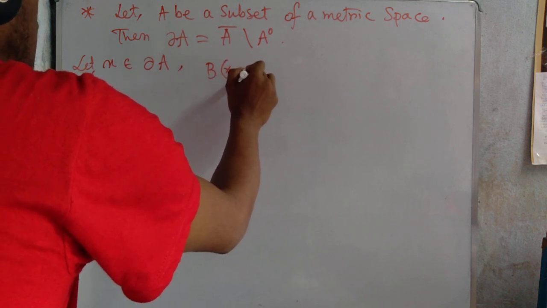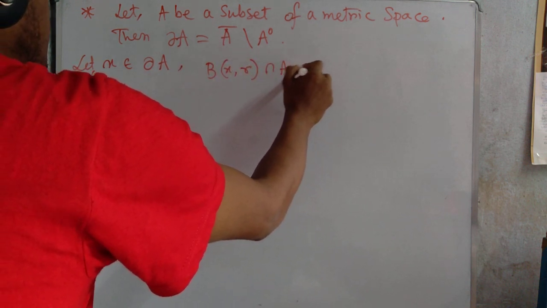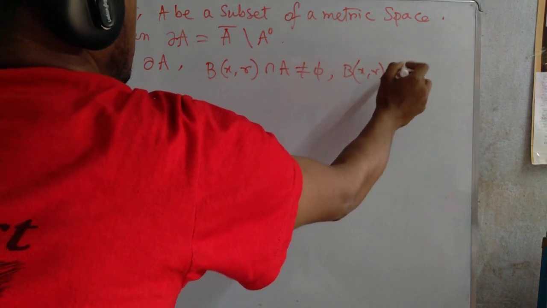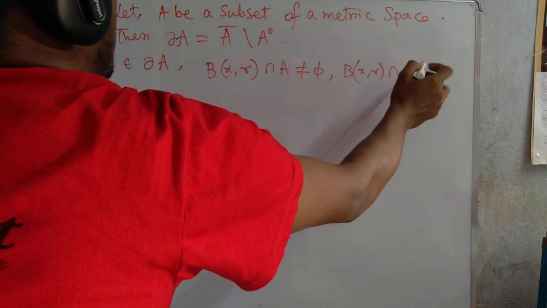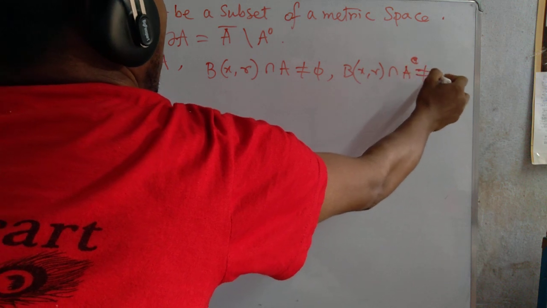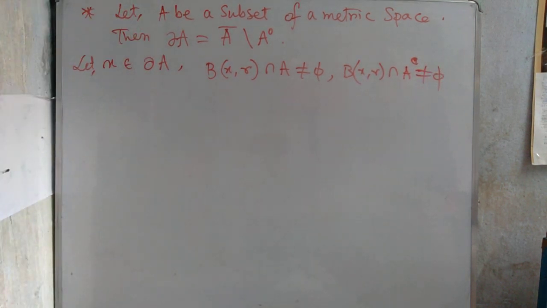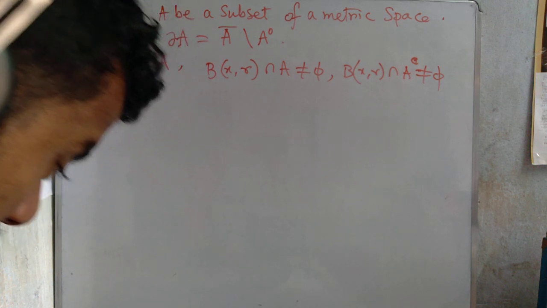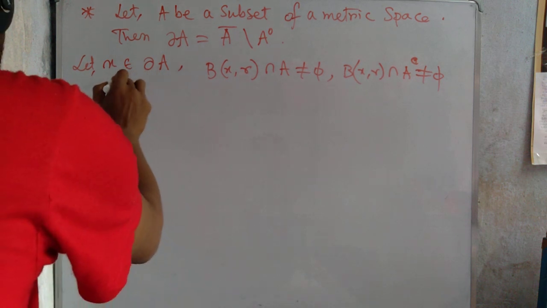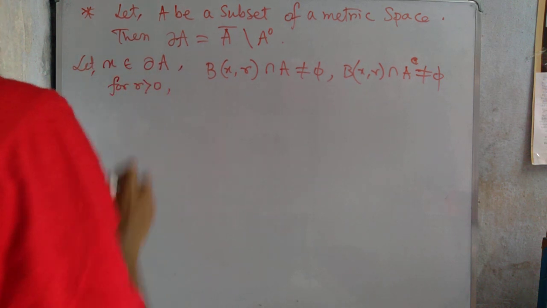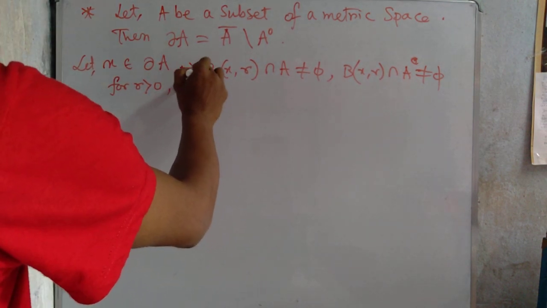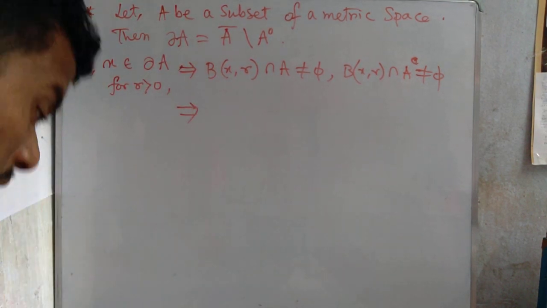B(x, r) intersection A is not equal to phi, and B(x, r) intersection A complement is not equal to phi. Understood? Then this implies, for r greater than 0, what?